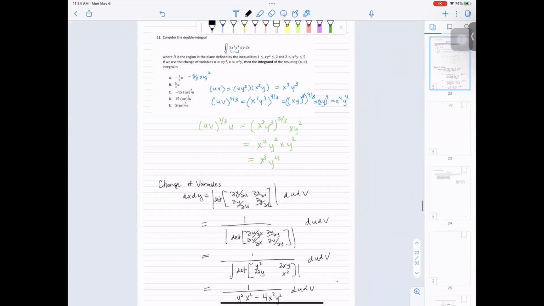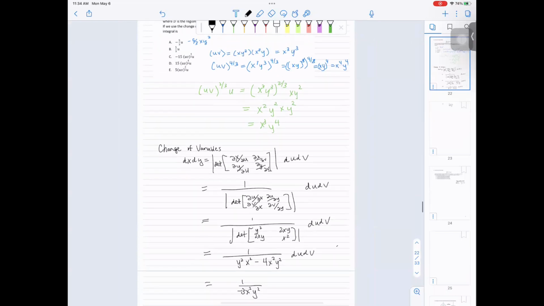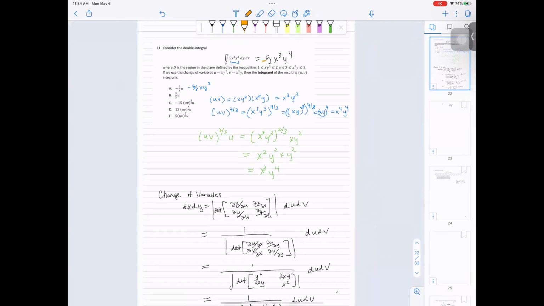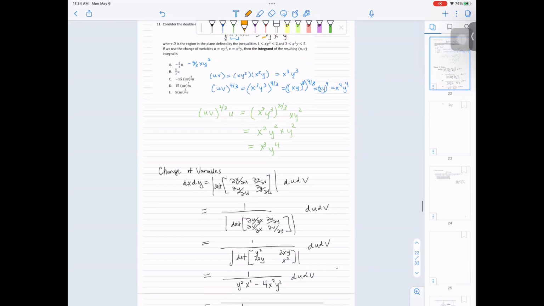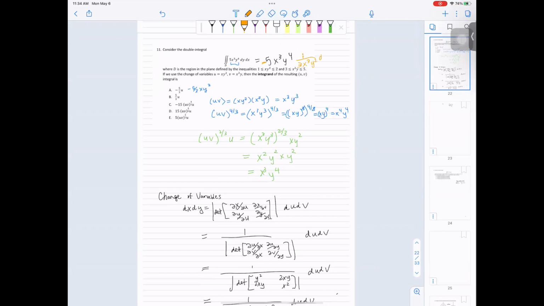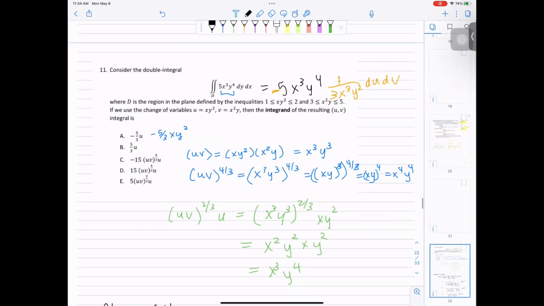So that means that in our integrand, we have 5x cubed y to the 4th dy dx is now negative 1/3 x cubed y squared du dv. So let's see what cancels. The x cubed cancels. The y, we're left with a 2. So this is the integral of negative 5y squared over 3 du dv.